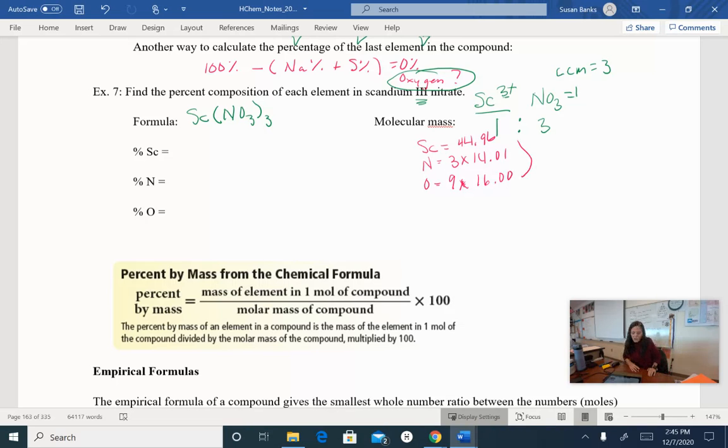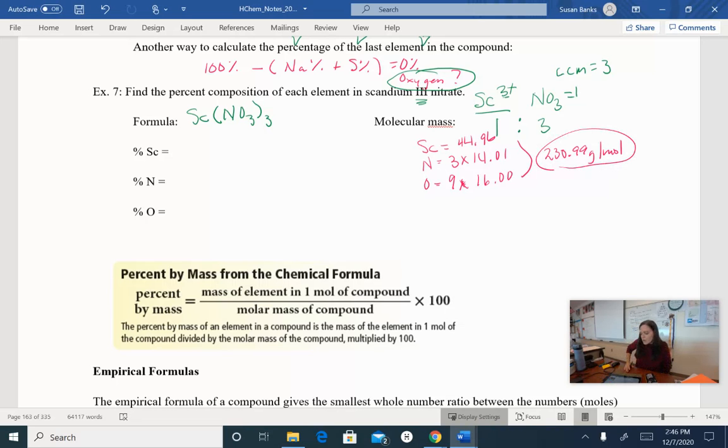So we're going to add all of that together. So 44.96 plus 3 times 14.01 plus 9 times 16. You should get a molar mass of 230.99 grams per mole.